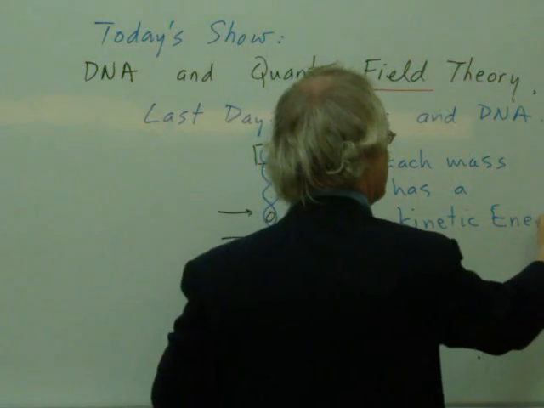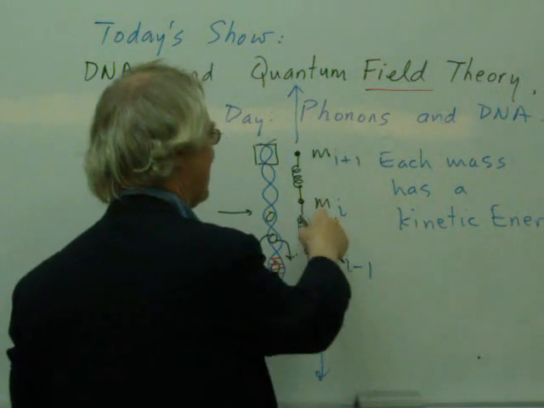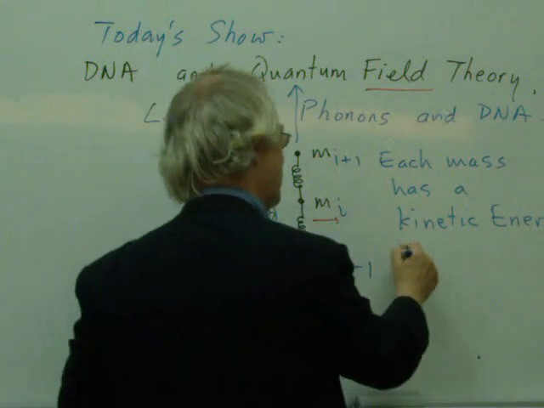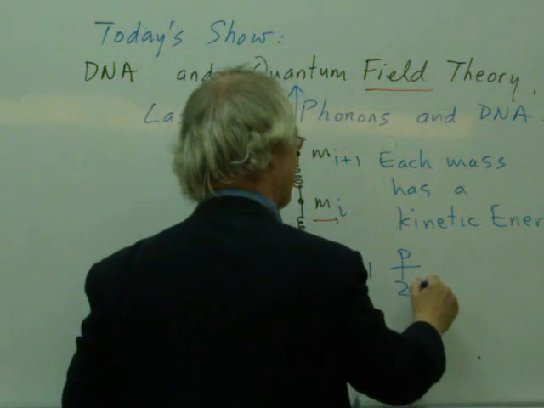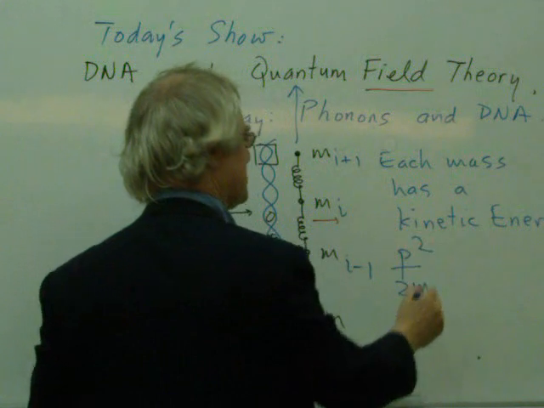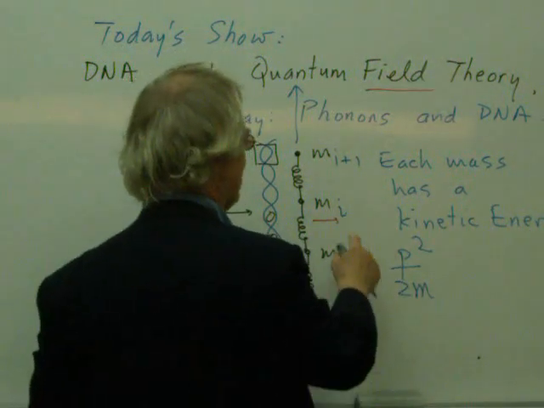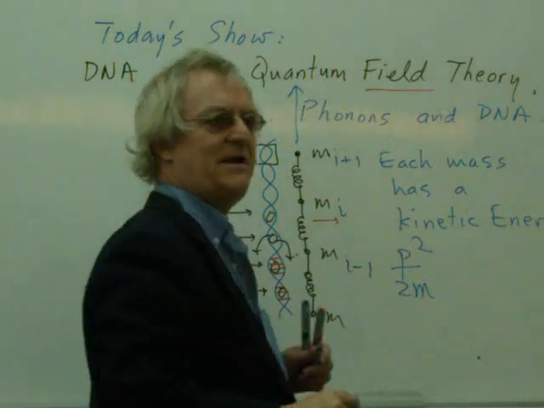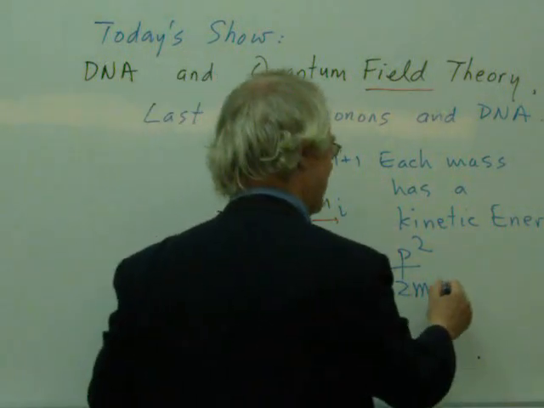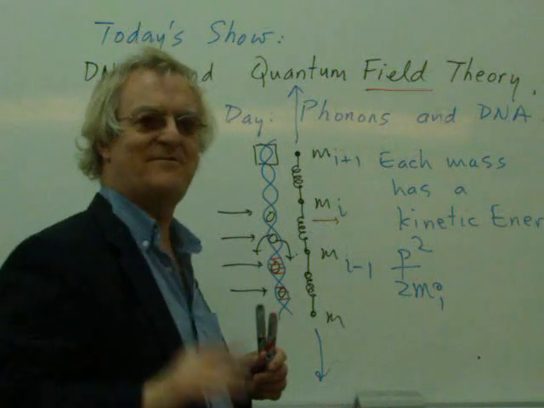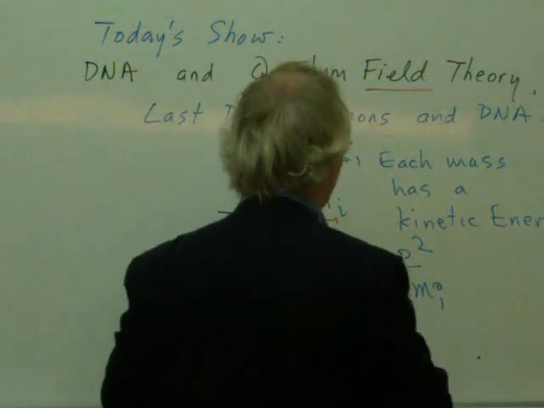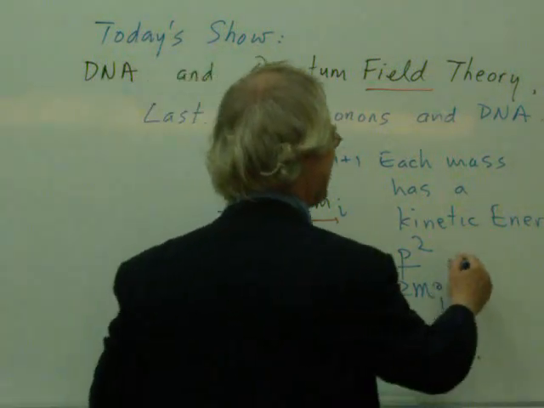Each mass has a kinetic energy, and we can call that kinetic energy p squared over 2m. Sorry, p squared over 2m is the kinetic energy of each mass. So we'll put i there. Yeah, fine. And this is our kinetic energy.